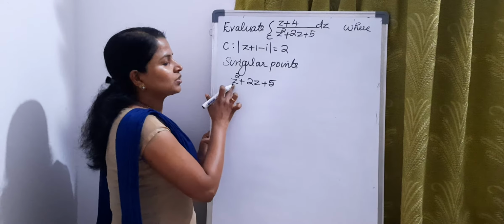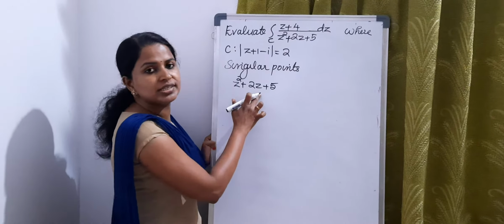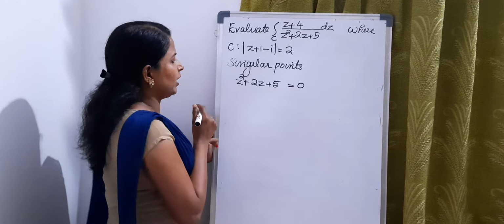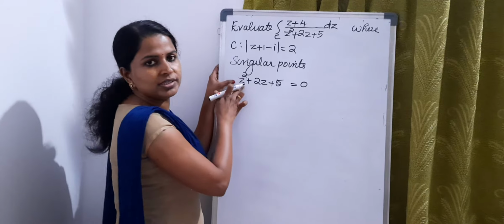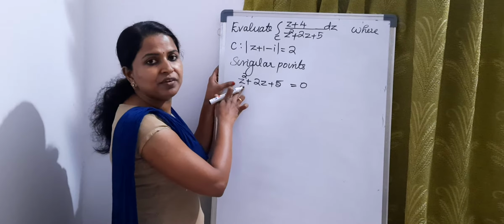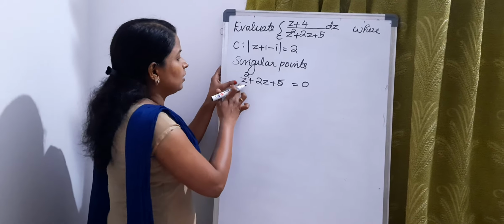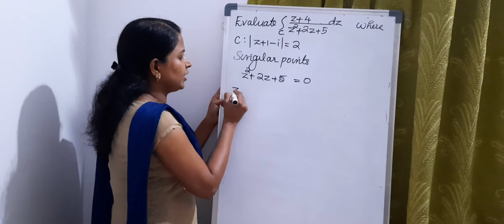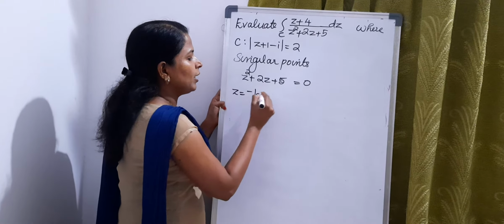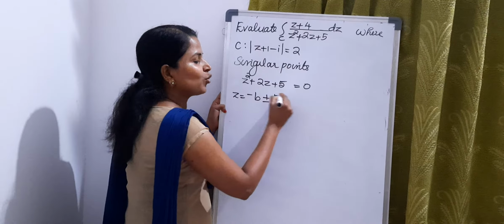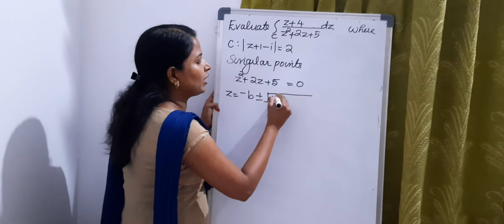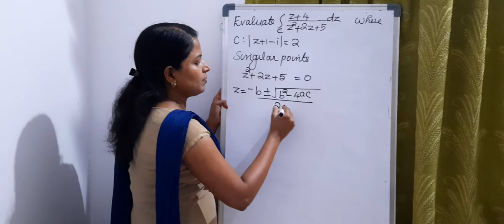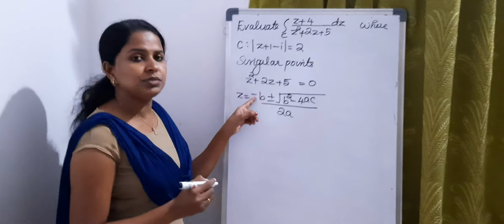That is, z² + 2z + 5 = 0. Then solve this equation and find the value of z. This is a quadratic equation. Using the formula z = (-b ± √(b² - 4ac)) / 2a.